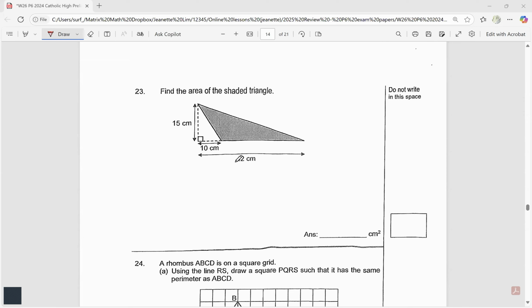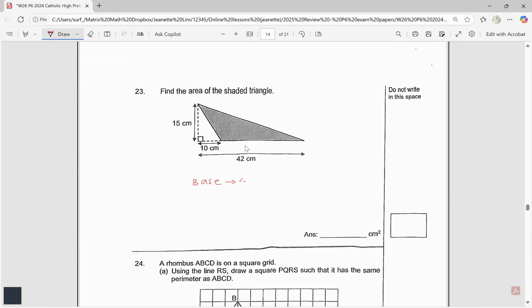Question 23, find the area of the shaded triangle. For this question, you just have to take half times base times height. But where's the base? The base is not 42, it's not 10, but 42 minus 10, which is 32. So this part here is the base. So half times 32 times 15.